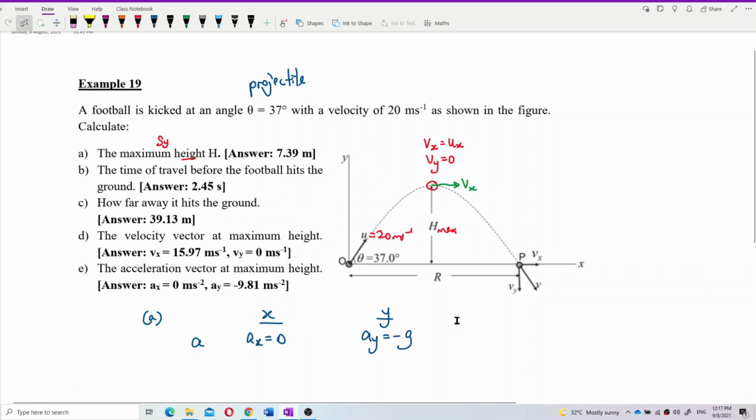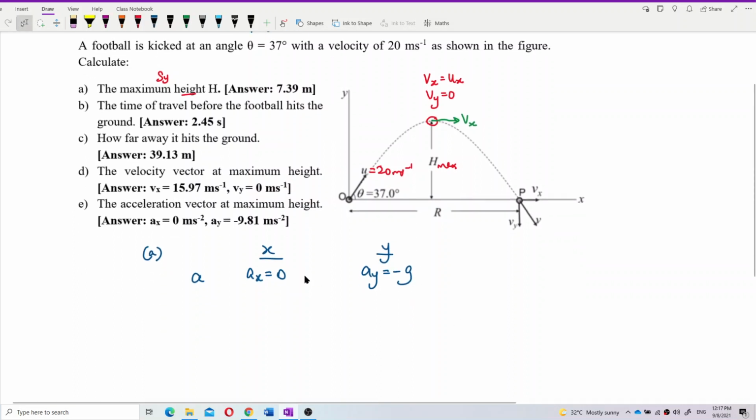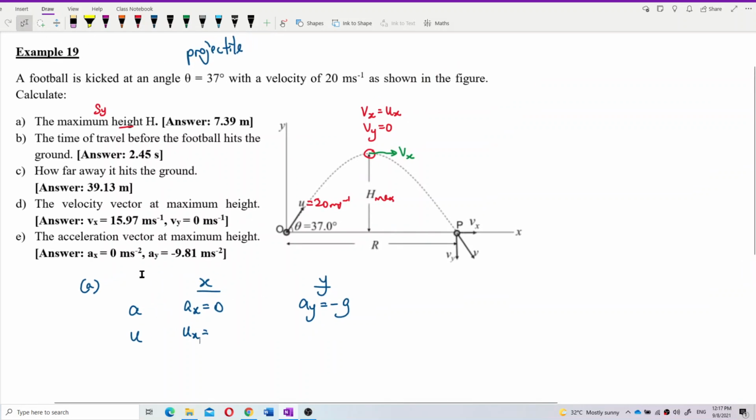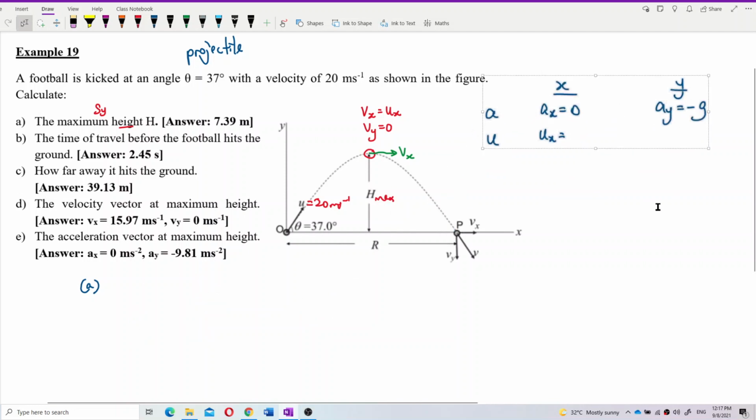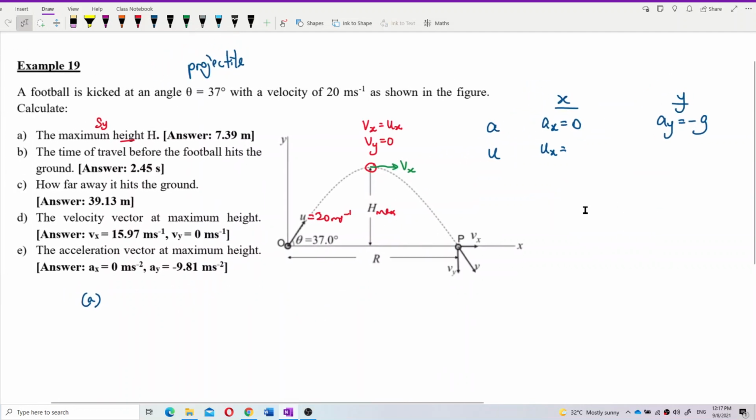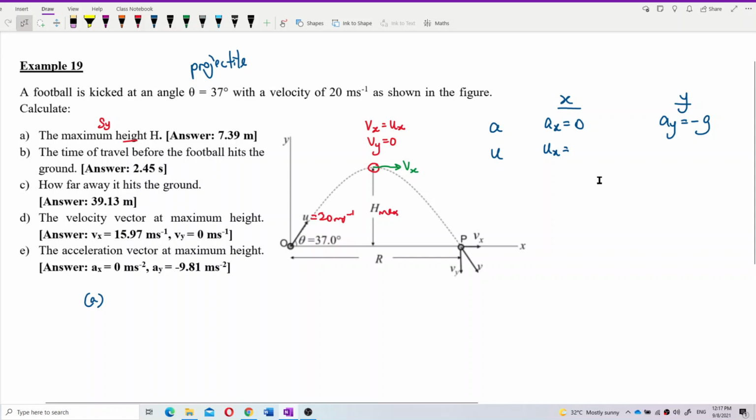We also know the initial velocity u. We need to find ux. Maybe we should write over here, so we can refer to it for all the questions.